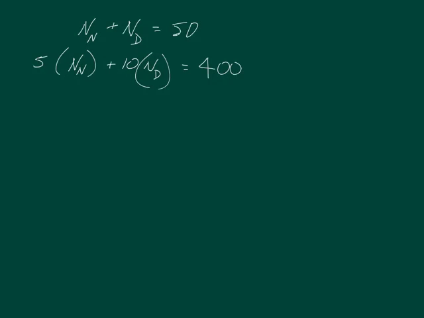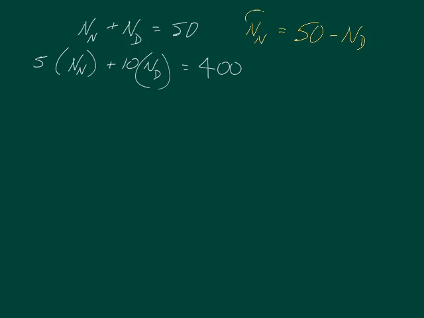Alright, so what I'm probably going to do, it seems like it would be the thing that makes the most sense, is I'm going to set either the number of nickels or the number of dimes, isolate it, get it all by itself. So let's do the number of nickels. It wouldn't matter which one you used, and I'm going to subtract the number of dimes from each side.